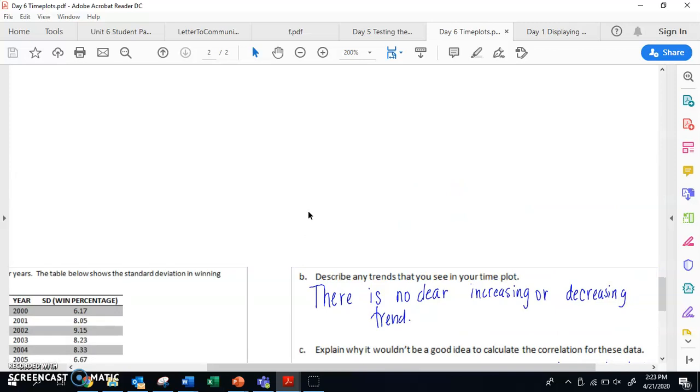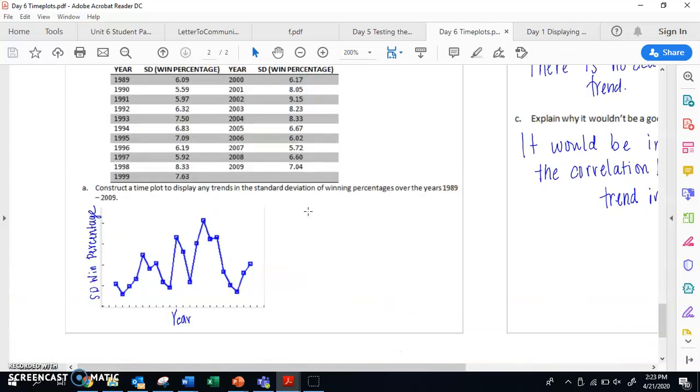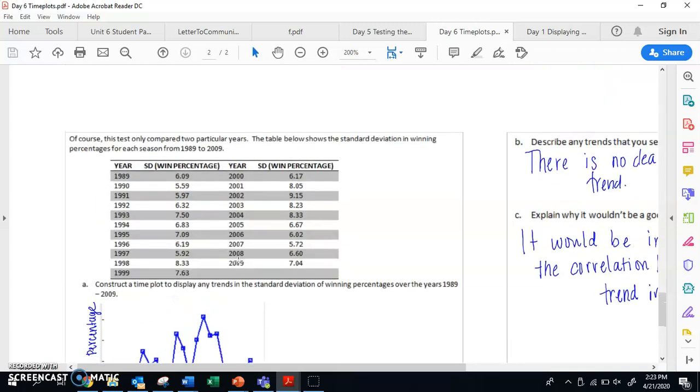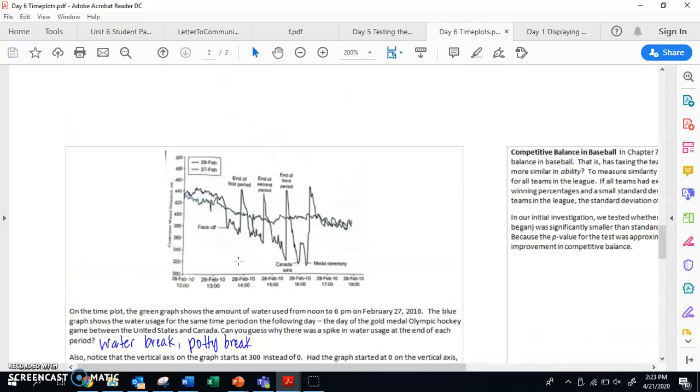And then explain why it wouldn't be a good idea to calculate the correlation for these data. So remember, numerical variables aren't really affected by time necessarily. Usually they're affected by other forces, like in the example we had with the water usage.